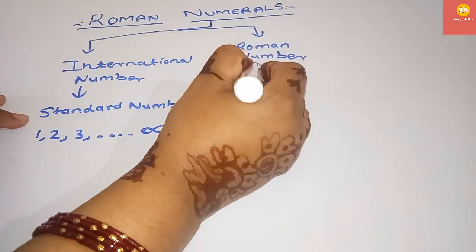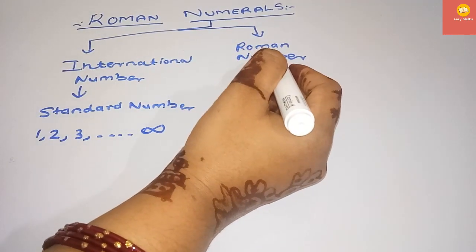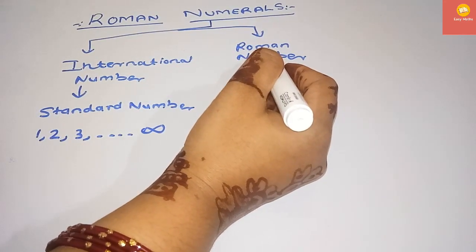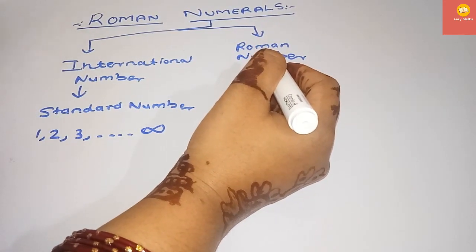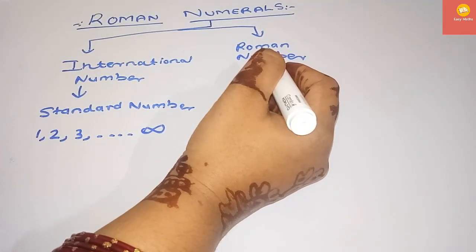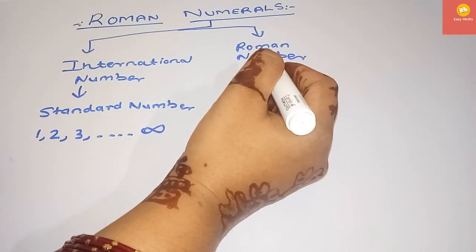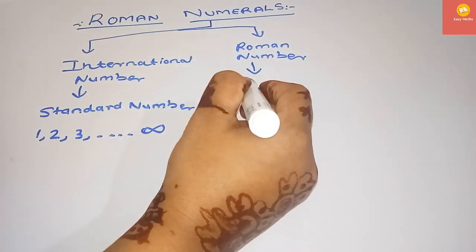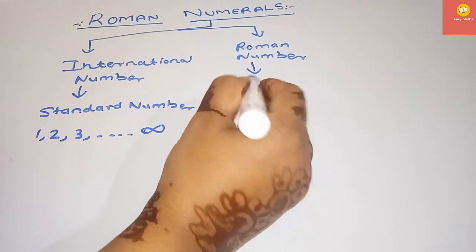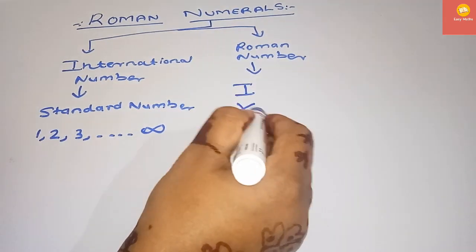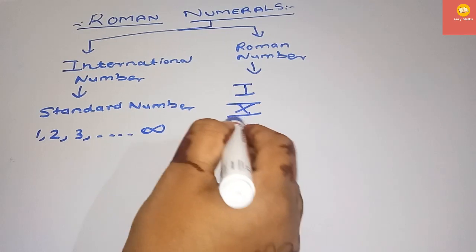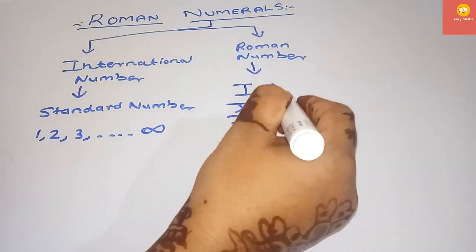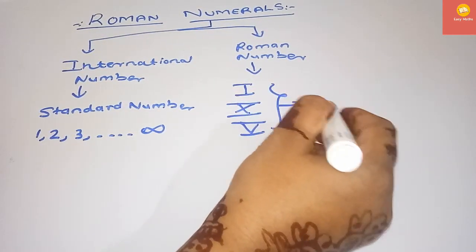What is Roman number? In the old time in Europe, Roman capital letters were used to write the numbers. That is why they were called Roman numerals. Capital letters means capital I, capital X, capital V. These letters are used to define the number.